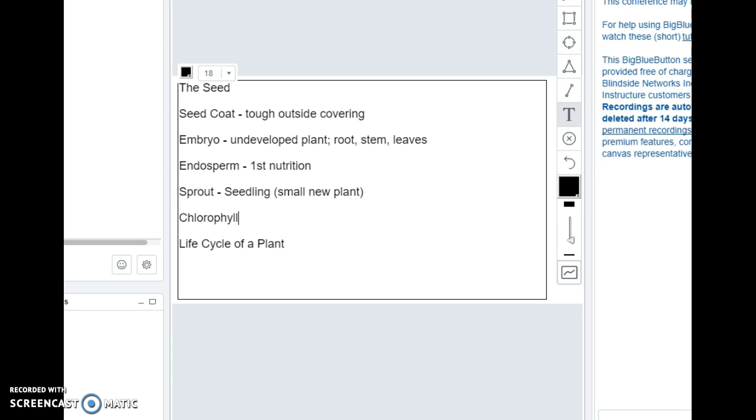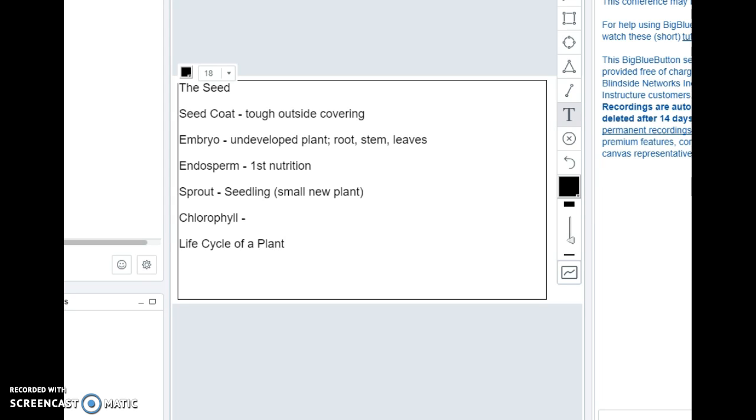On these leaves, we have chlorophyll, and we've talked about chlorophyll already. Green chlorophyll is found in the leaves of the plant. What's happened is that endosperm, that nutrition, has been used up, and the plant has to obtain new energy.